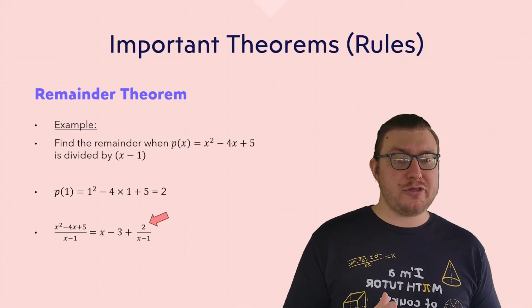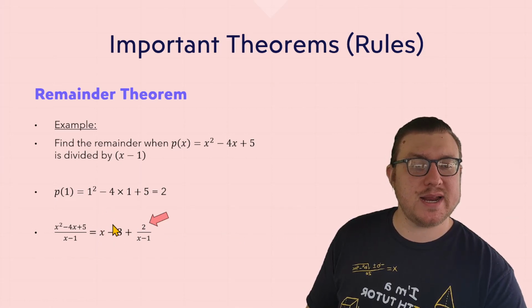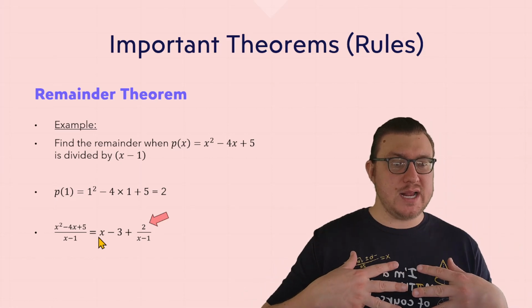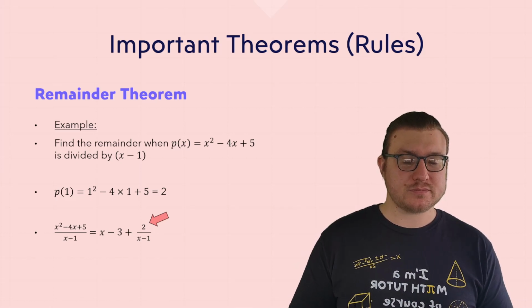Now, the remainder theorem does not tell us what this number, x minus 3, is. I had to calculate that myself doing long division for polynomials.